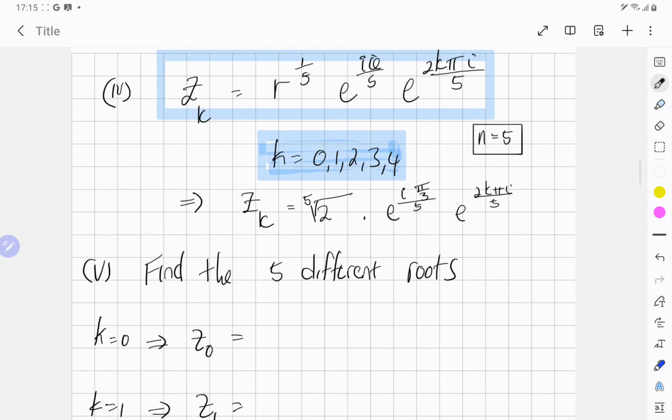Very important. If we even want to simplify this, so we have the fifth root of 2. Here we can just say pi over 15. So I'll just explain it just now. And here we can just say 2k pi i over 5.